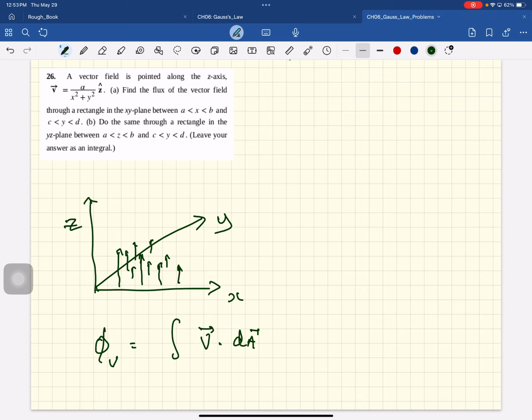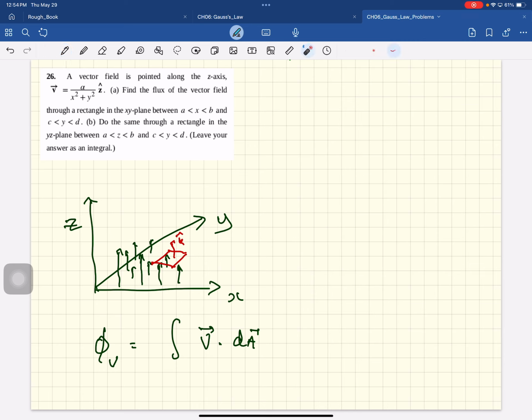Now dA is this area. What we'll do is we'll be a little smart about drawing the area. This vector is in the k direction, in the z direction.